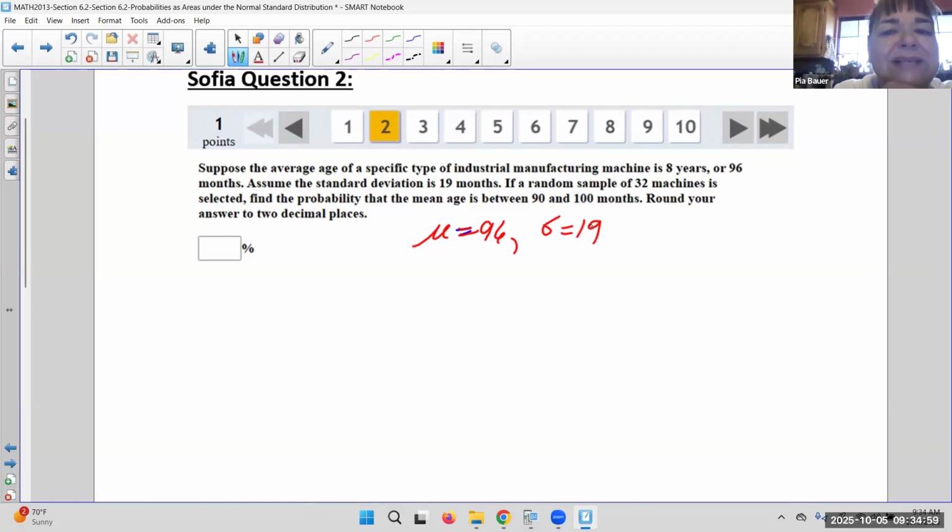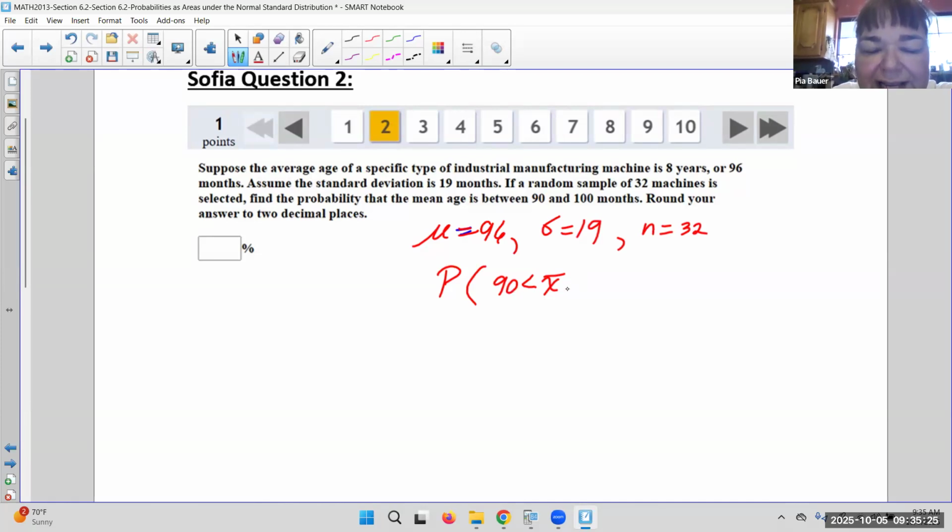If a random sample of 32 machines, that means n equals 32, is selected, find the probability that the mean age is between 90 and 100. So it's asking you to find the probability that your X bar is between 90 and 100. X bar is your sample mean, the mean of the sample.